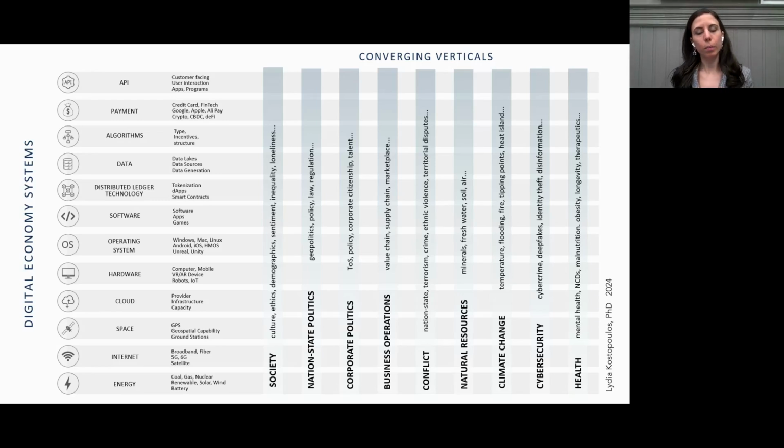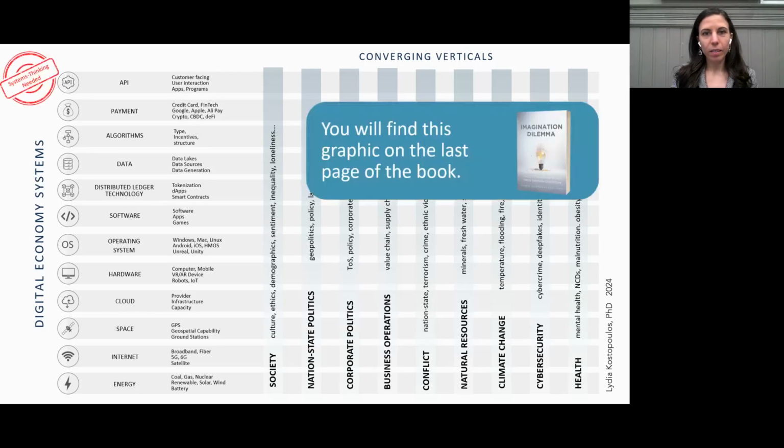When I look at a problem set, I have this map kind of in my mind, and I'm doing the crisscrosses of what aspects are intersecting with what different things. And the polycrisis here intersects throughout every aspect of the digital economy. This is a graphic you will find at the end of the book as well. I thought it was so valuable that I put it on the last page so you can easily reference it.